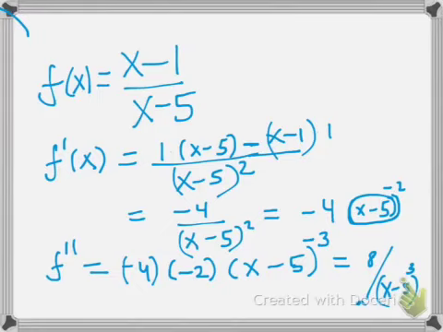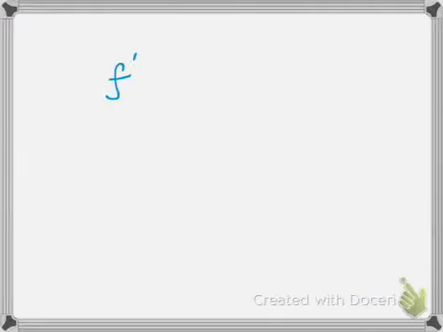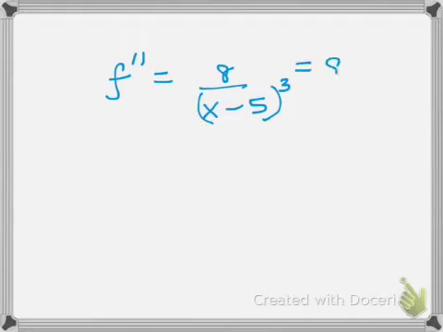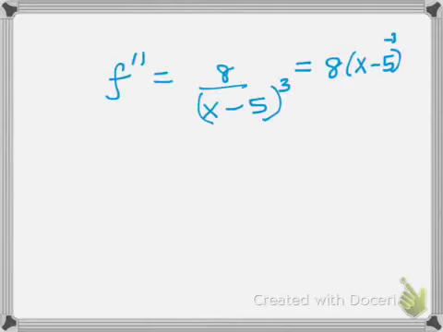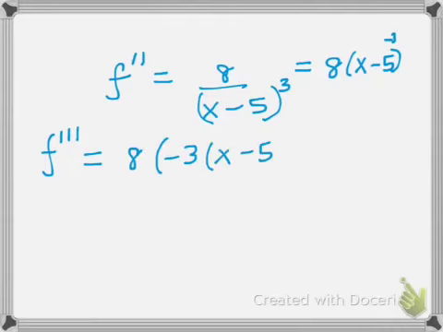Similarly, you can find the third derivative. You can use the power negative 3. So I have my second derivative now as 8 over x minus 5 cubed, which can be written as 8 times x minus 5 to the negative 3. If I want to find the third derivative, I'll use the same power rule. 8 is constant, negative 3, x minus 5 to the power of negative 3 minus 1, negative 4.